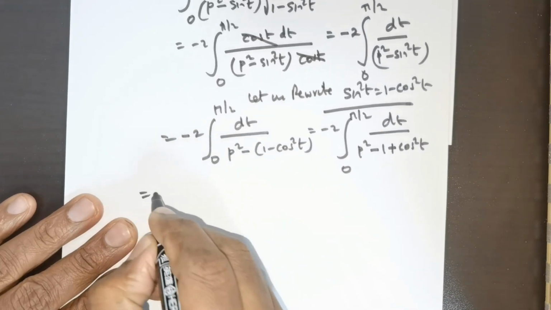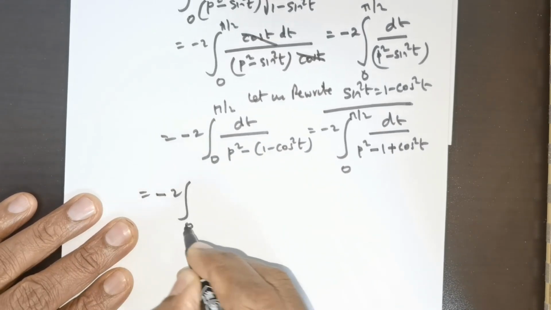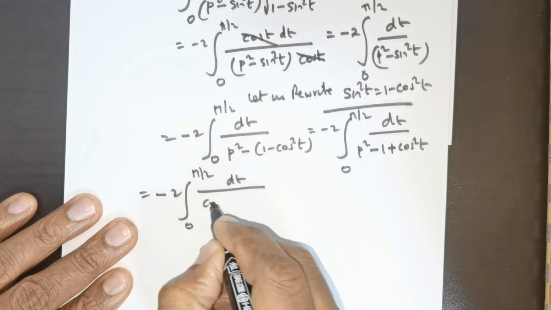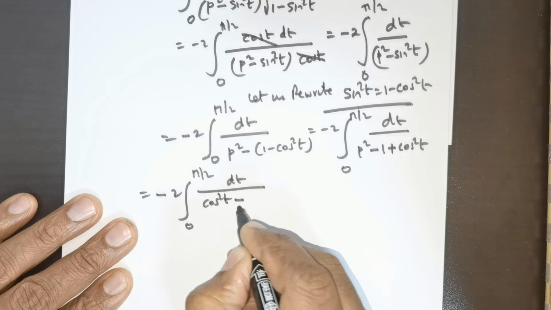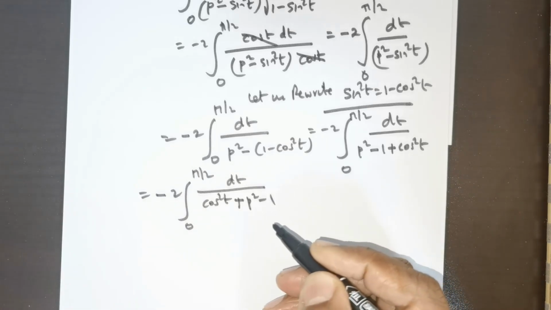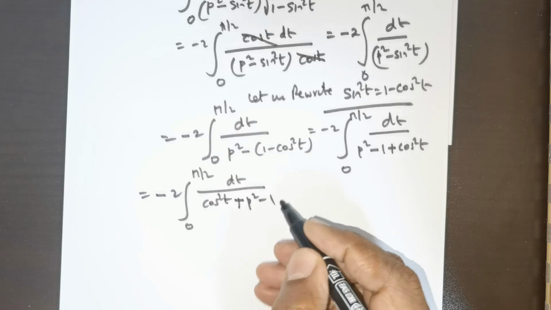So I'm going to rewrite this as negative 2 times the integral from 0 to pi over 2 of dt over cos squared t plus p squared minus 1. Okay, so we have got up till here.